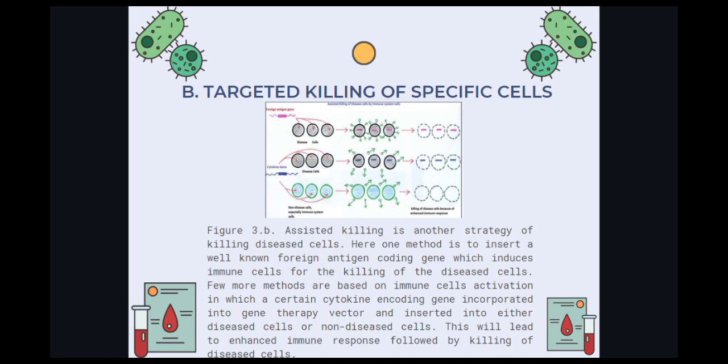When this vector is introduced into either disease or non-disease cells, it boosts the immune response, empowering immune cells to become more effective at targeting and killing the disease cells. This enhanced immune response helps in the elimination of the affected cells.